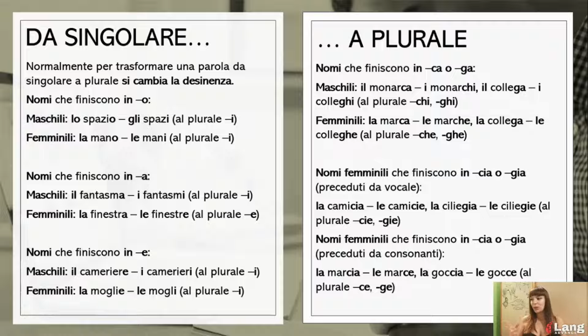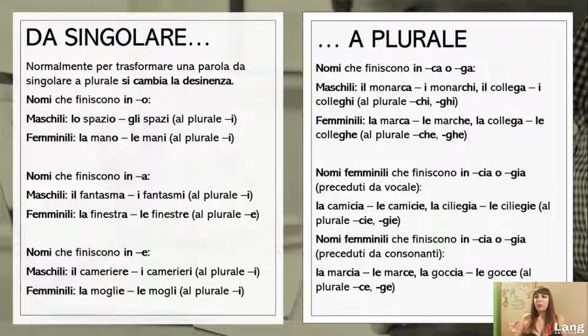And when the word ends with E, it will change into I, la moglie, le mogli. I want you to go and look for the meaning of these vocabularies. So I don't want you to learn it from me. I want you to go and search for this vocabulary in the dictionary.